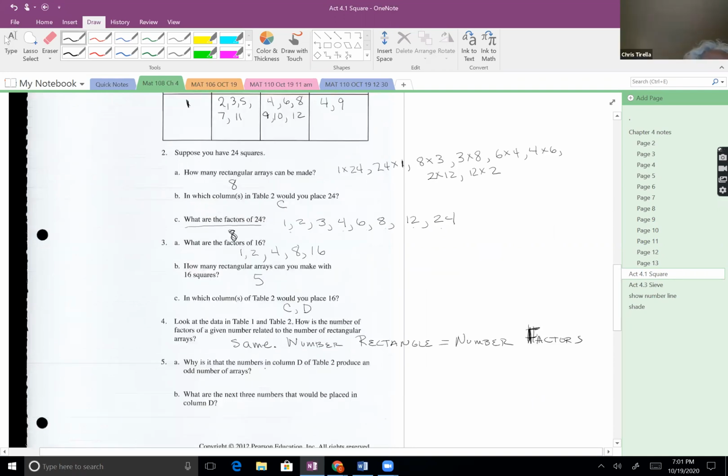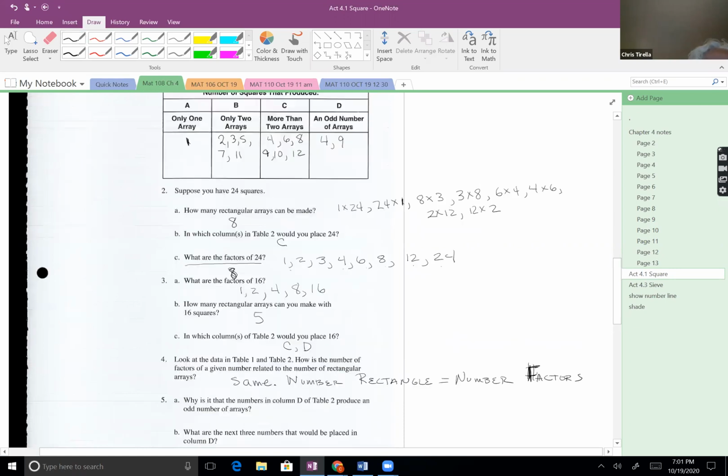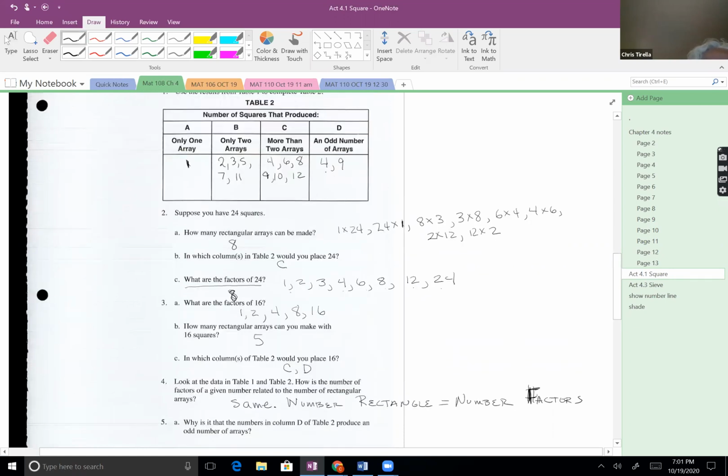So why is it that the numbers in column D produce an odd number of arrays? D was the 4, the 9, and we said 16 would also fit in D, right? What do all of them have in common, the ones that have an odd number of arrays?